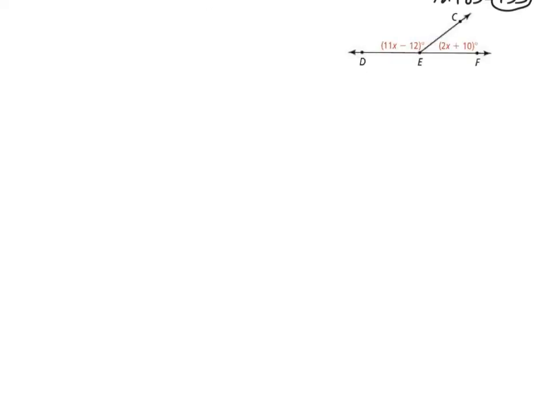All right, in the second question, we have angle DEF is a straight angle. So that means that the measurement of angle DEF is 180 degrees, all right? And we want to find out what angle DEC is, okay? And angle CEF, all right? Now, remember that DEF is a straight angle that has a measurement of 180 degrees, okay?